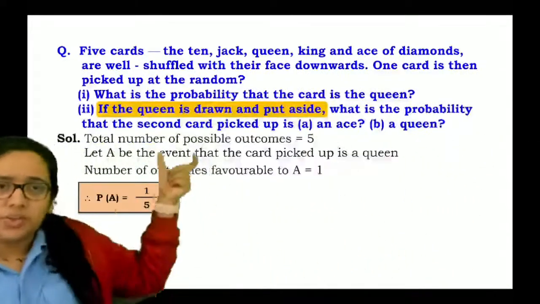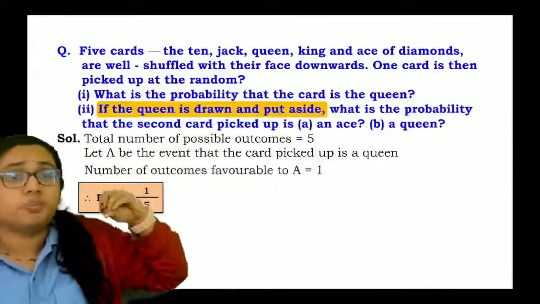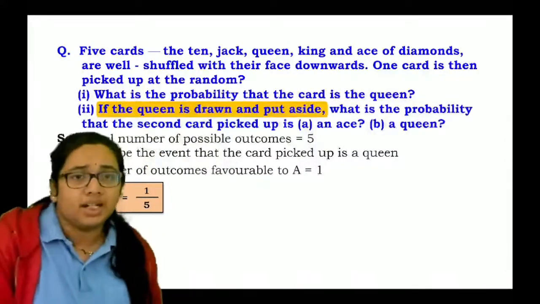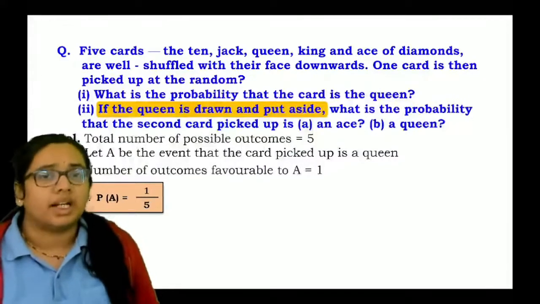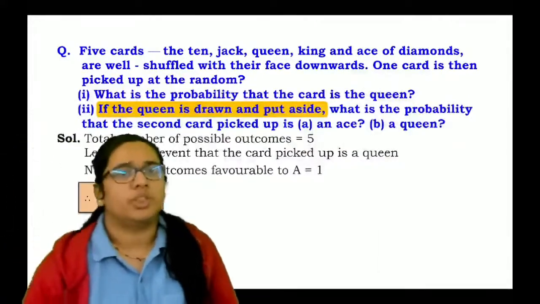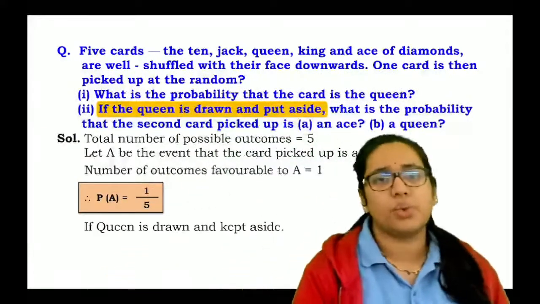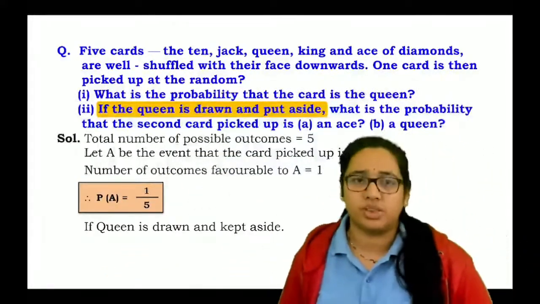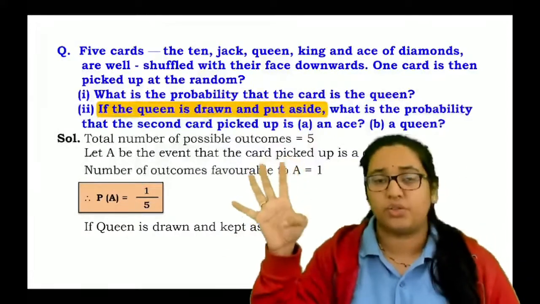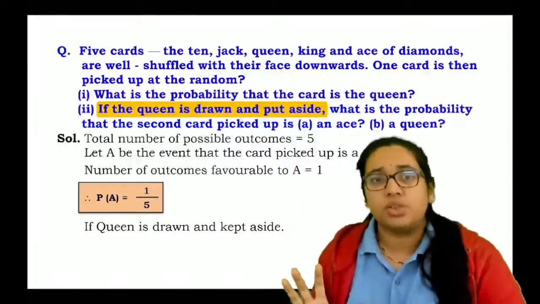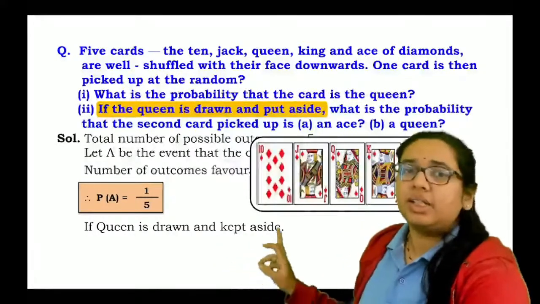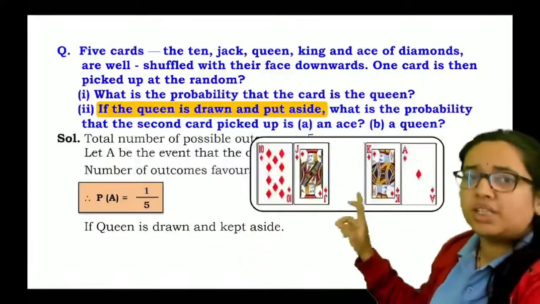Second, if the queen is drawn and put aside, what is the probability that the second card picked up is an ace or a queen? Fine. So we'll just go through it. If a queen is drawn and put outside, it means that we have a total of five cards and one of them is the queen. So we took that card and kept it aside. It means how many cards will be there?